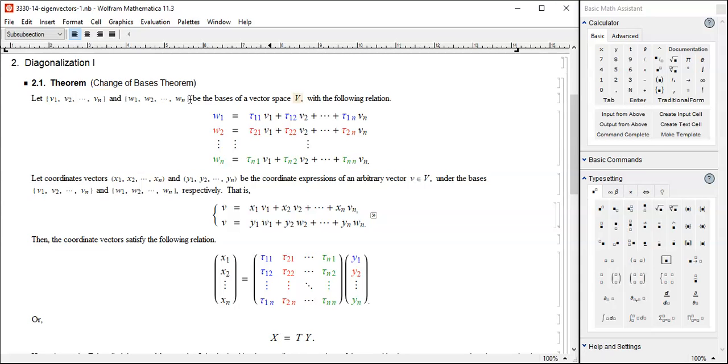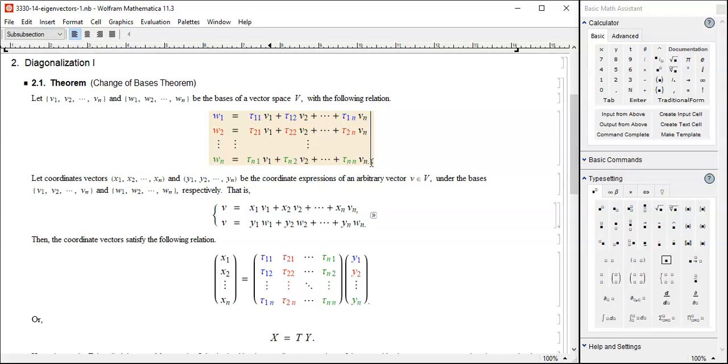That's our goal. In general, V1 through Vn generate the entire vector space V, so all the vectors here can be written as a linear combination. In particular, W1 can be written as a linear combination like this. W2 can be written as a linear combination like the second line, and so on and so forth. And in the end, Wn can be written as a linear combination of V1 through Vn.